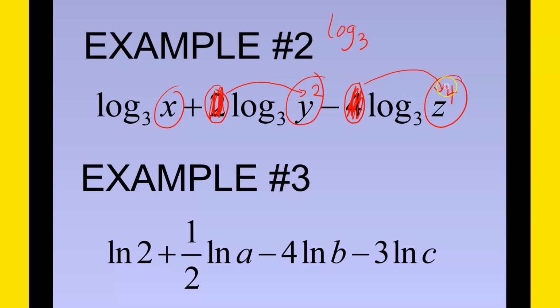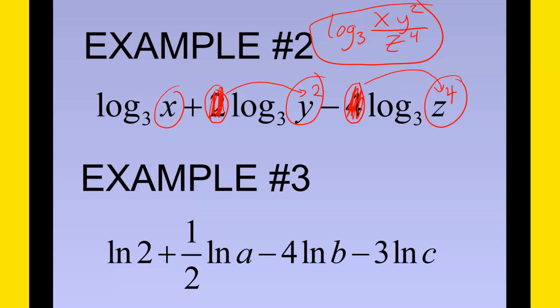Anything that's subtracted is going to go in the denominator. So when there's pluses and minuses going on, we're going to have a numerator and a denominator. So the x and the y squared go in the numerator, and the z to the 4th goes in the denominator. Let me write that 3 a little smaller so that you know that I'm just writing that as a base 3. And that 3 is not part of the logarithm, it is the base.